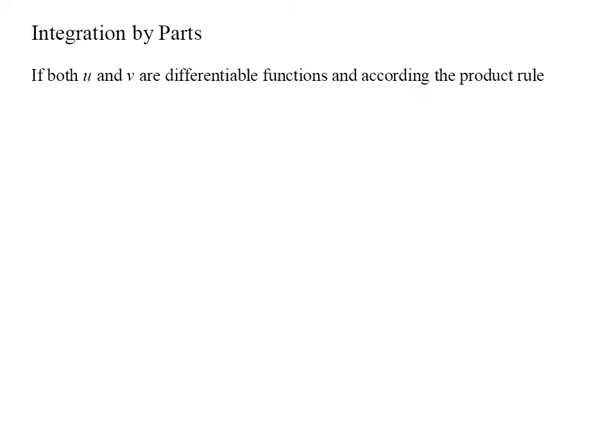If both u and v are differentiable functions, based on the differentiation product rule, we have the differentiation of the product of u and v equals the differentiation of u multiplied by v plus u multiplied by the differentiation of v.